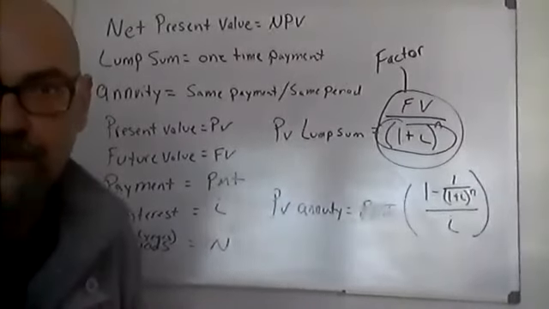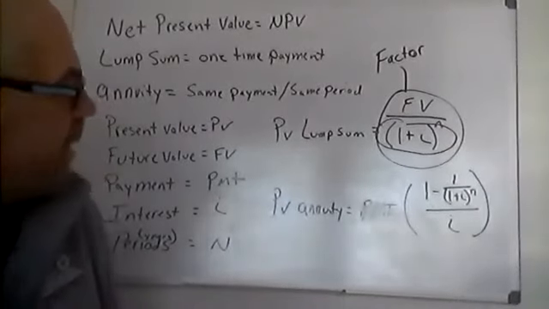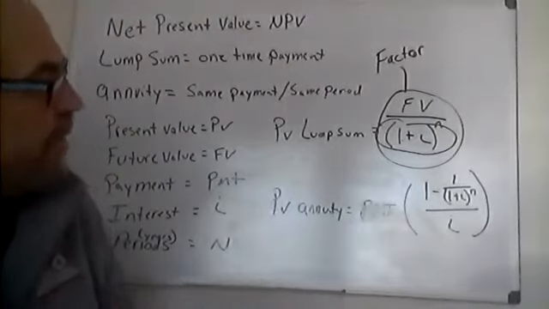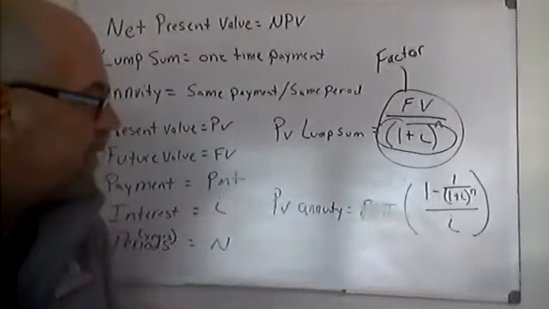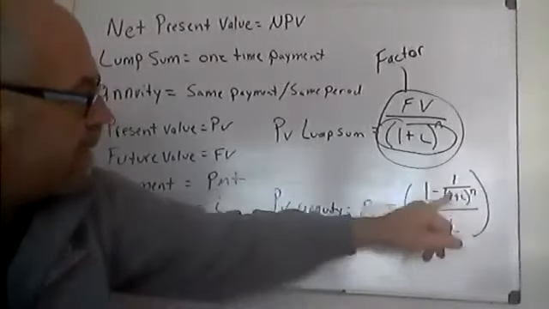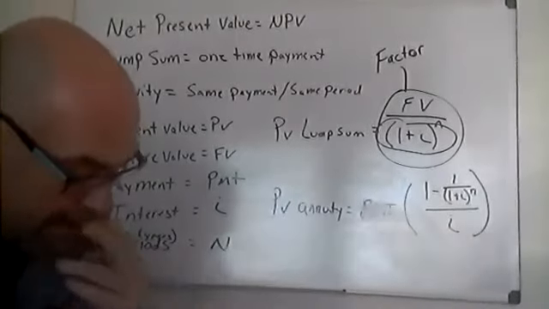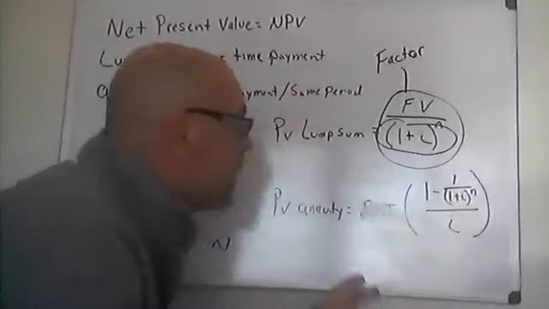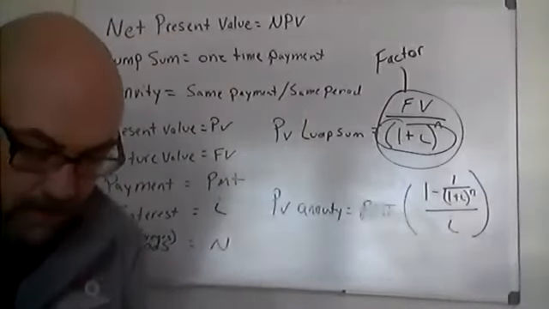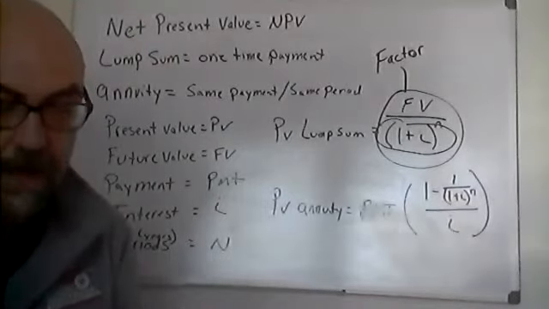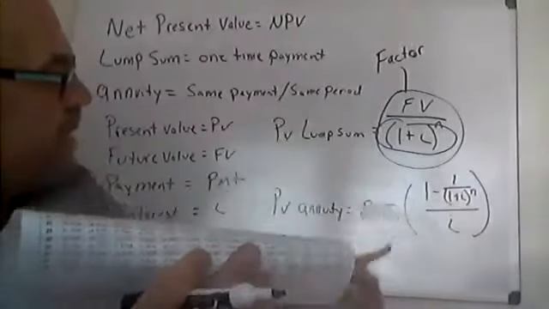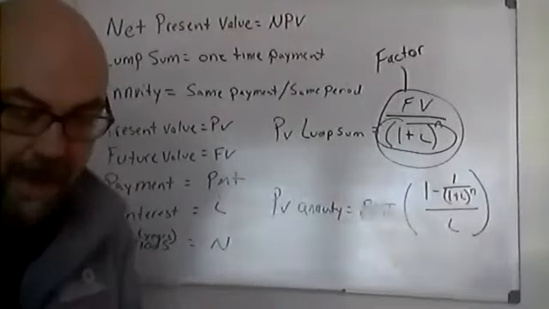There would be your algebraic formula to calculate the present value of an annuity, the payment multiplied by that. But once again, this whole part in the parentheses, which doesn't have to do with the payment, is called your factor. If you go to your annuity tables, the one that says annuity on it has different numbers, and it will have all of those calculated out for you.